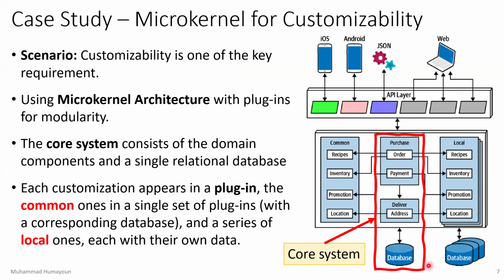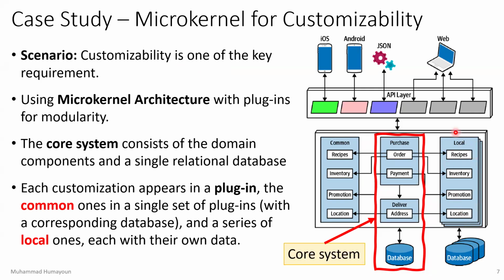You can have one core system, let's say providing purchase and delivery, and then some common functionalities related to recipes, inventory, promotion, location, and all the local plugins, like one for South Asia, one for Scandinavia, one for maybe Middle East, one for Japan.